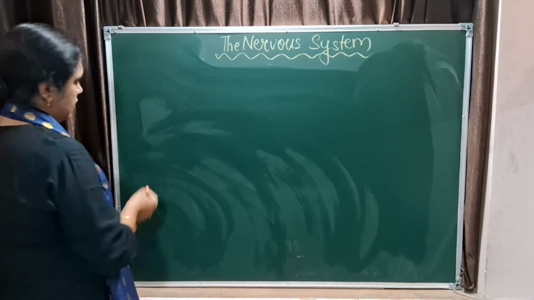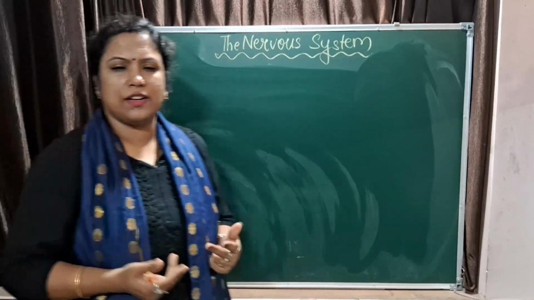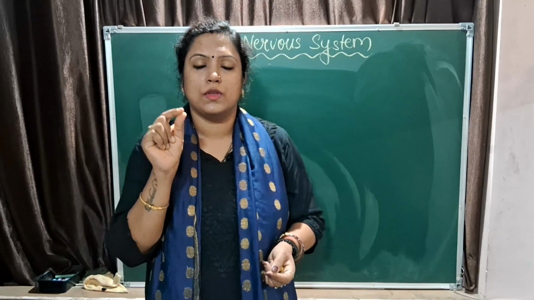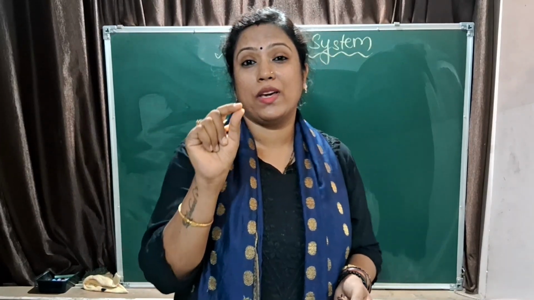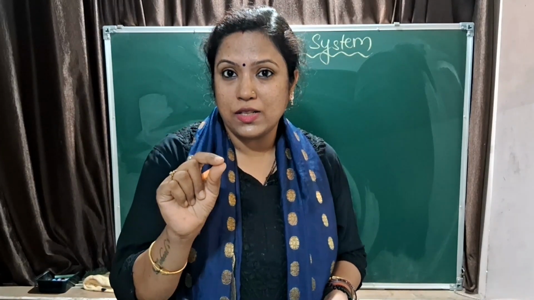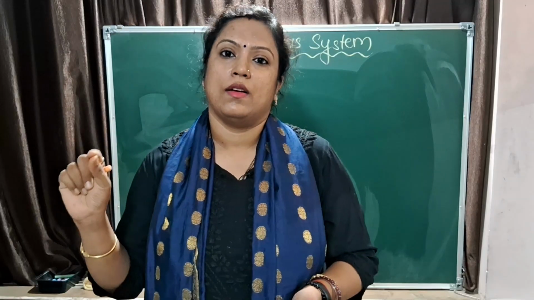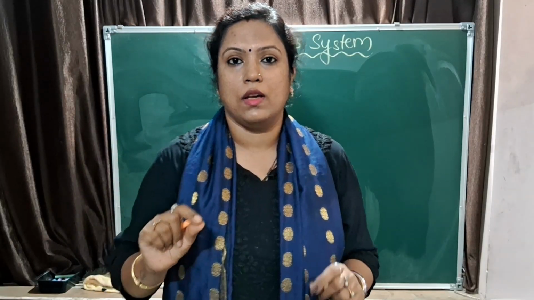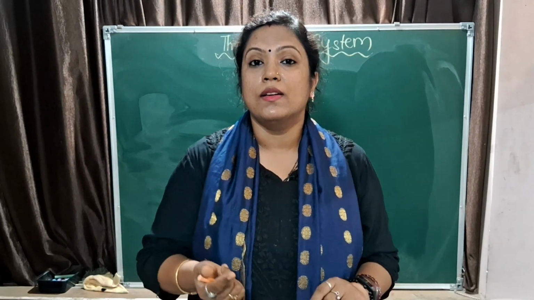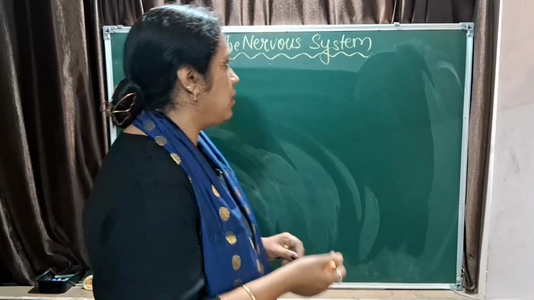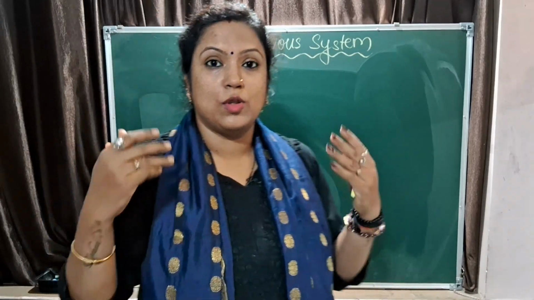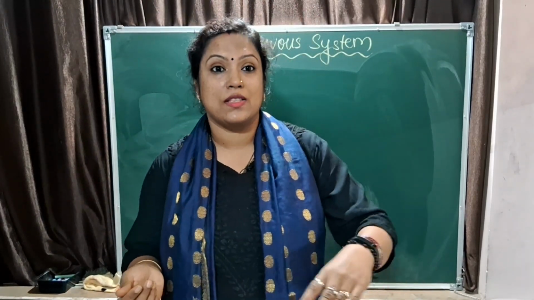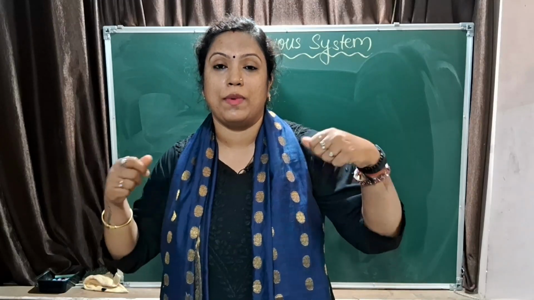You all know what a reflex action is. There are certain key words: quick, involuntary, immediate. These words should be there when you have to explain the reflex action. We cannot wait to think that now the child has come in front of the car, I have to apply the brake.